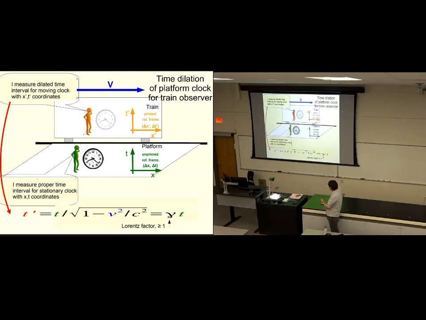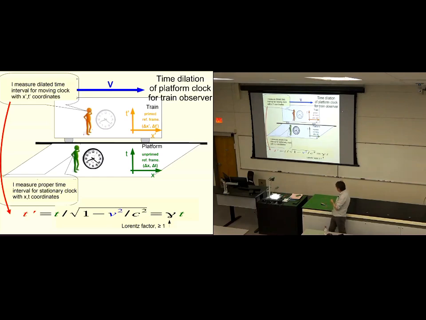The equation describing the slowing down of the ticks of the moving station clock, as observed by the observer in the train, is this little equation here. So this is the equation of time dilation.